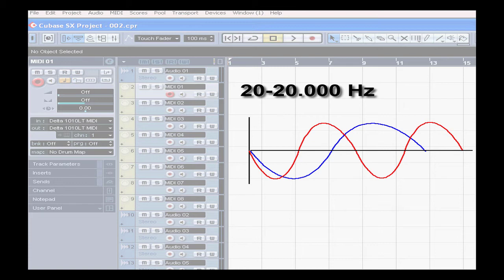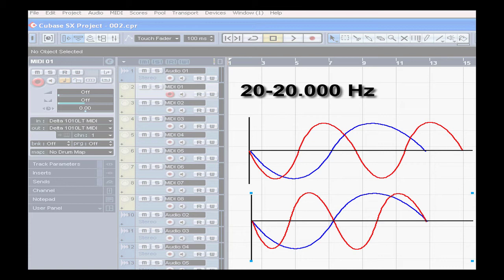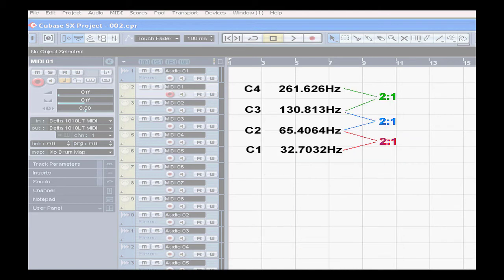For example, any 2 sounds whose frequencies make a 2-to-1 ratio are said to be separated by what's called an octave. The result is a particularly pleasant sound when heard. The piano key C4, which you probably know as middle C, resonates at about 261.626 Hz, or roughly 262 Hz.